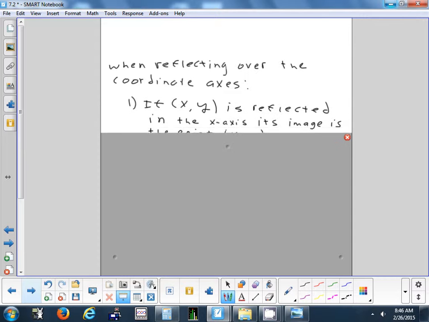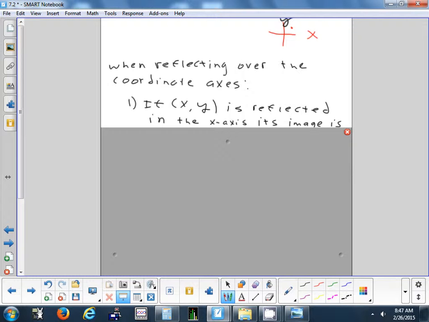So let's see if we can come up with a pattern. Okay, when we reflect over x and y. If you reflect a point over the x-axis, what value do you think stays the same in the coordinate?